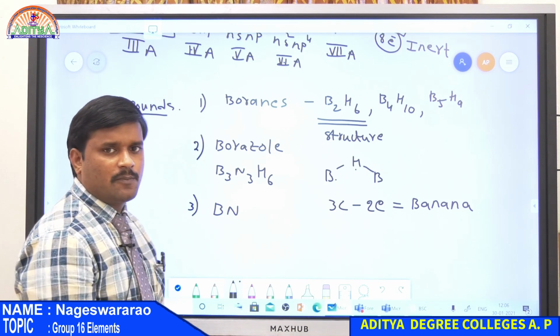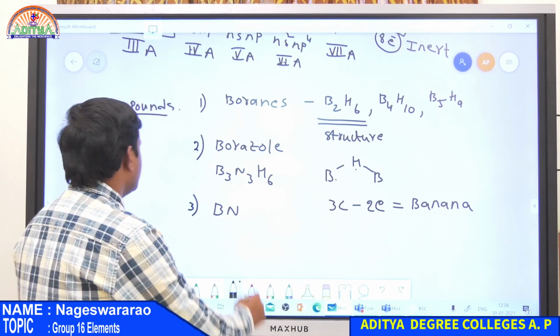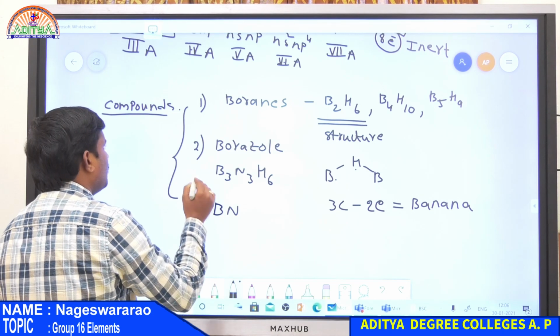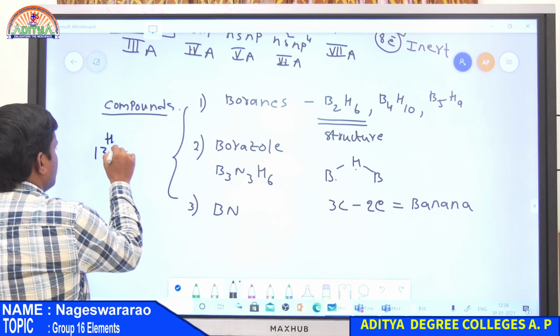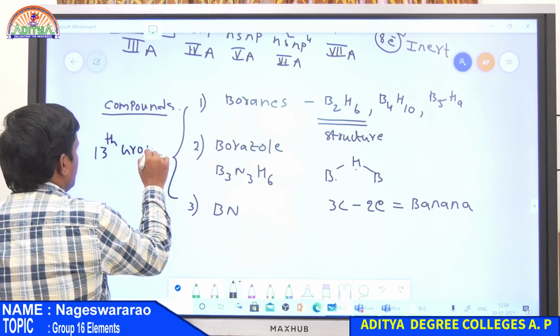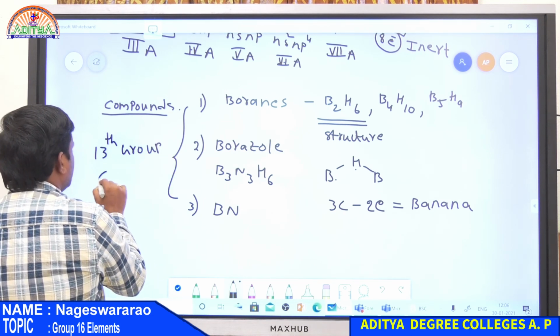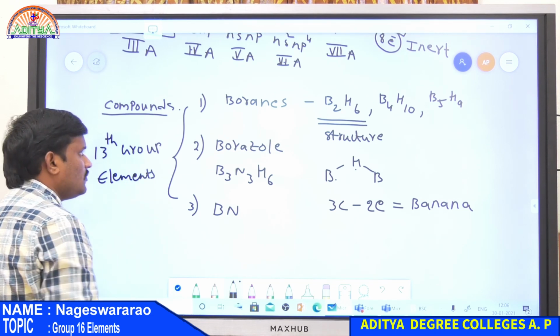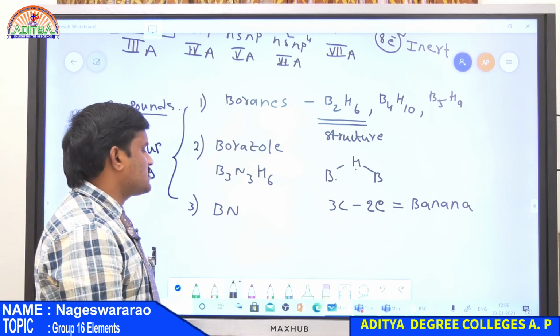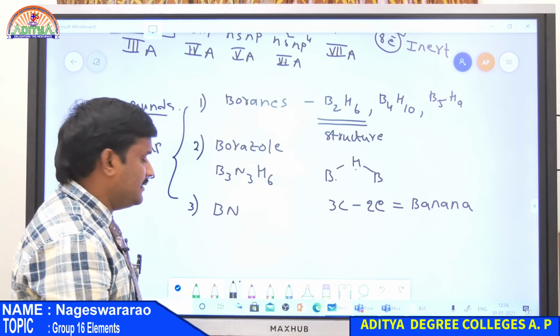Preparation as well as the properties of boron nitride. So all these are discussed under the heading of compounds of 13th group elements. Compounds of 13th group elements: borazole, boranes and boron nitride.